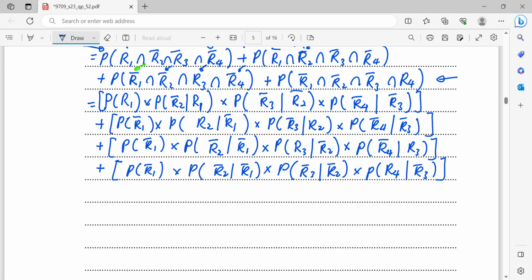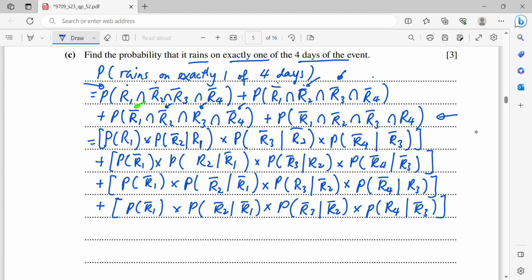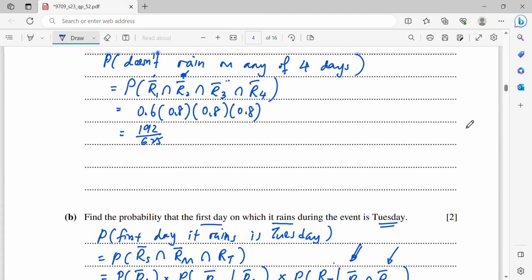Okay, so this will be the step-by-step working if you write it down all. So now I will just rewrite this.